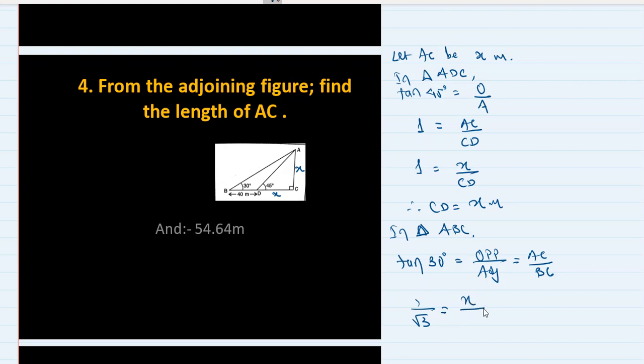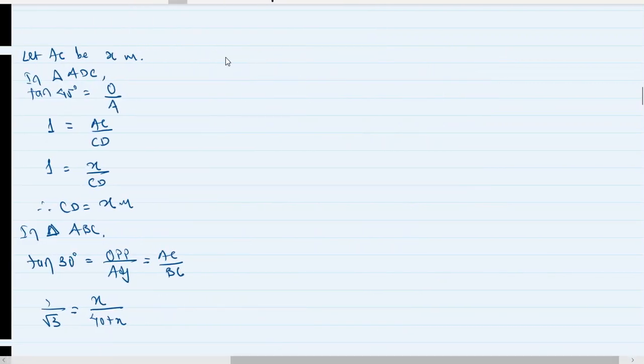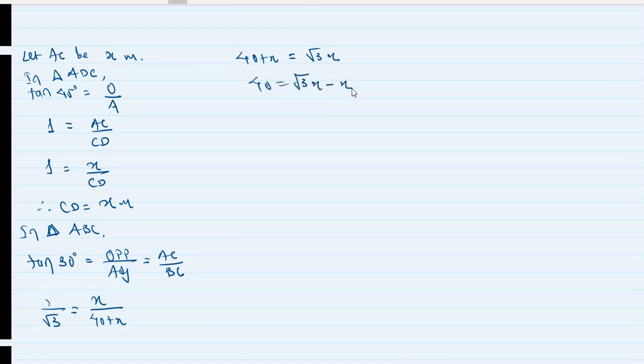AC is X and BC is BD plus DC, which is 40 plus X. Let's cross multiply and simplify this. So 40 plus X is equal to root 3 times X. So 40 is equal to root 3 X minus X. So 40 is equal to X bracket root 3 minus 1. So 40 upon root 3 minus 1 is equal to X.